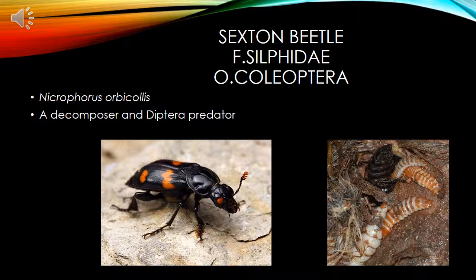Necrophorus orbicollis is a species of sexton beetle that is a decomposer, feeding on carcasses of small dead animals. This beetle is black with colorful orange markings on its elytra. It has clubbed antennae with 3 orange apical segments and a black base. The adults are 15 to 22 millimeters in size.